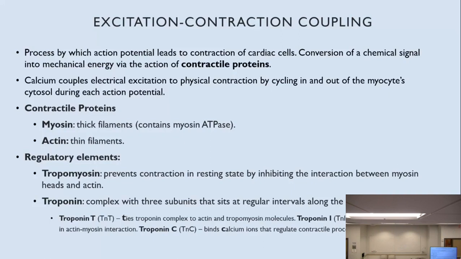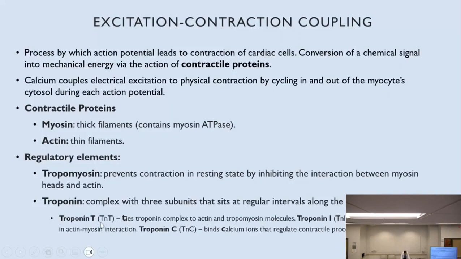Then actin and myosin interact, and we have the sliding of the myosin and actin filaments to produce the contraction. Here we are going to have the same interaction between actin and myosin, that is typically prevented by tropomyosin. That's why we call it a regulatory protein, that at the same time is regulated by troponin.